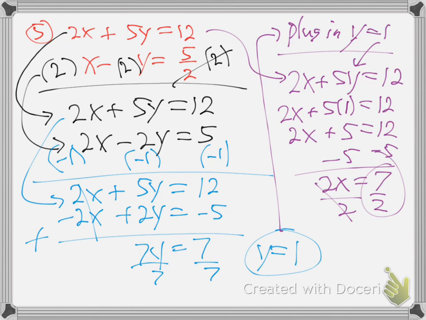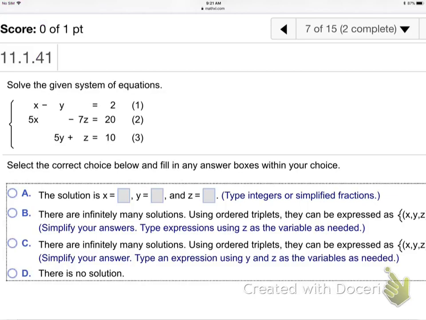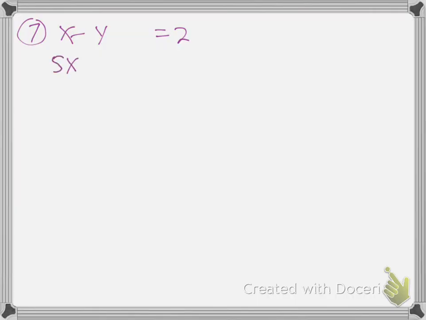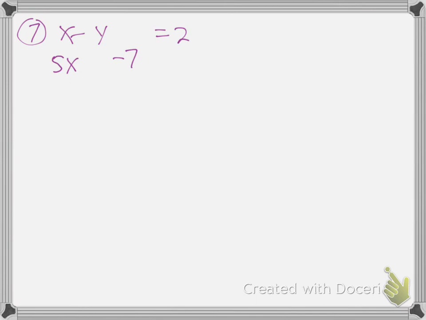Okay, because we're going to go to 3 by 3s now. 3 letters, 3 equations. Actually, I'm going to rewrite it because there's just not room for that there. So, number 7 is x minus y equals 2, and 5x minus 7z is 20.